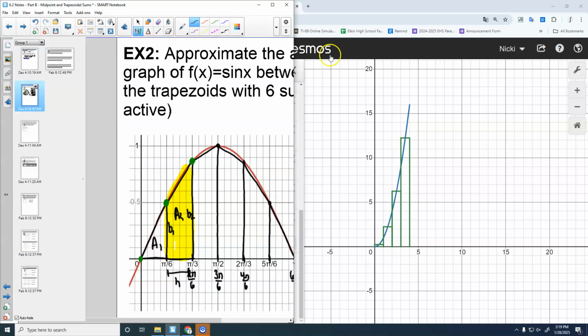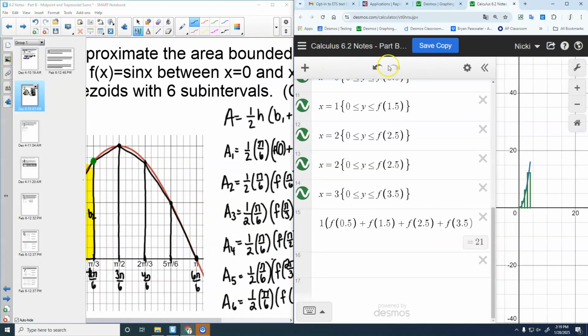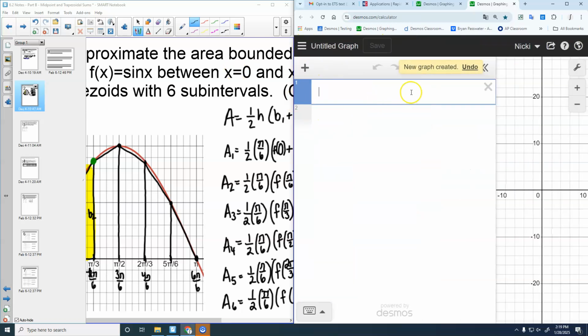It is calculator active. I wish I'd already made a Desmos one where this was done for us. But I haven't.